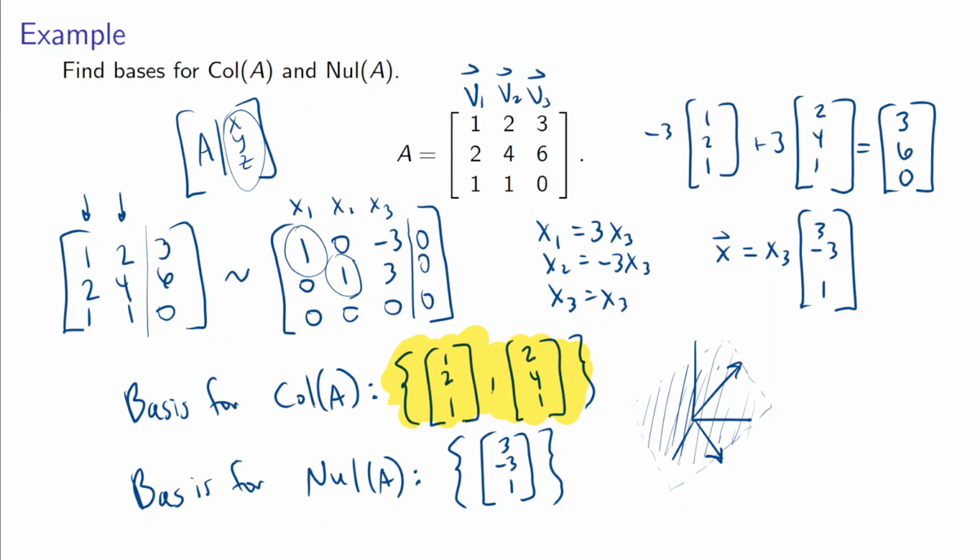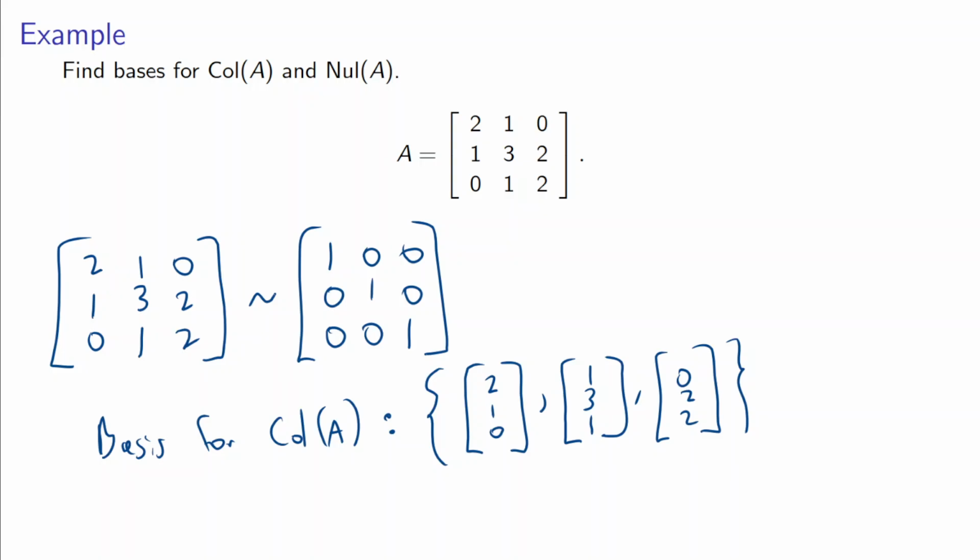If you've taken a multivariable calculus class, you've probably seen methods for finding a plane that contains these 2 vectors. So in any case, the biggest thing to pay attention to here is the fact that the column space is actually just a plane in R3 since its basis contains 2 vectors.